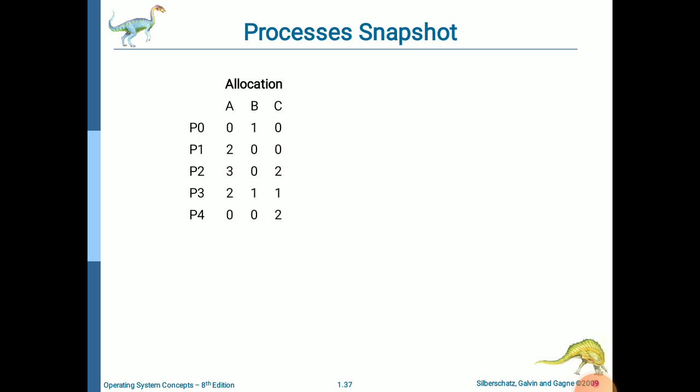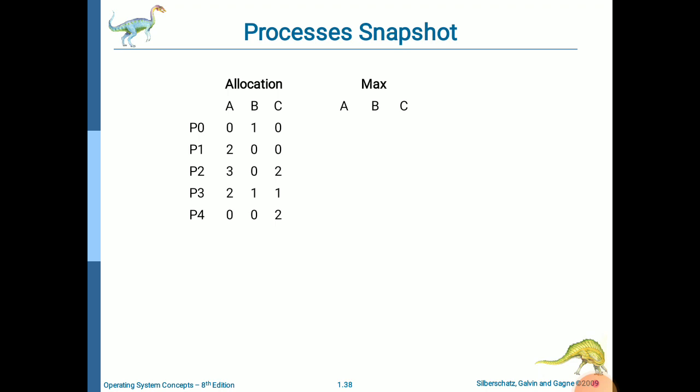P0 is allocated resource A 0, resource B 1, and resource C 0. Similarly, if you look at P3, resource A is allocated 2 instances, resource B 1 instance, and resource C 1 instance.